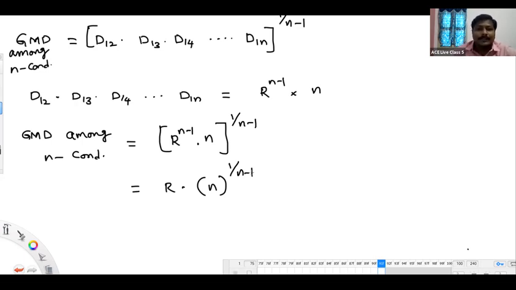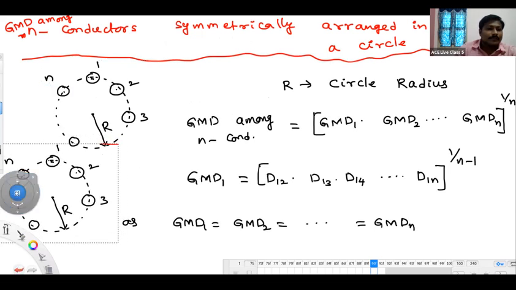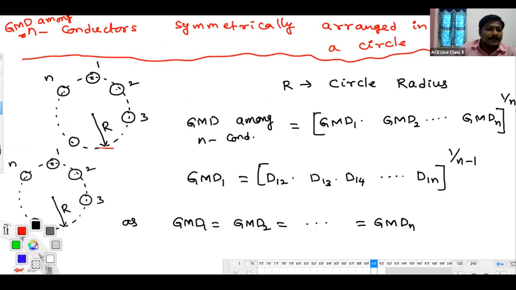It's not the arc length. You have to find out the center to center distance. For example, if you want to find these distances from one to the other conductors, 1 to 2, 1 to 3, 1 to 4, and so on, 1 to n, these numbers you have to calculate, not the arc lengths.